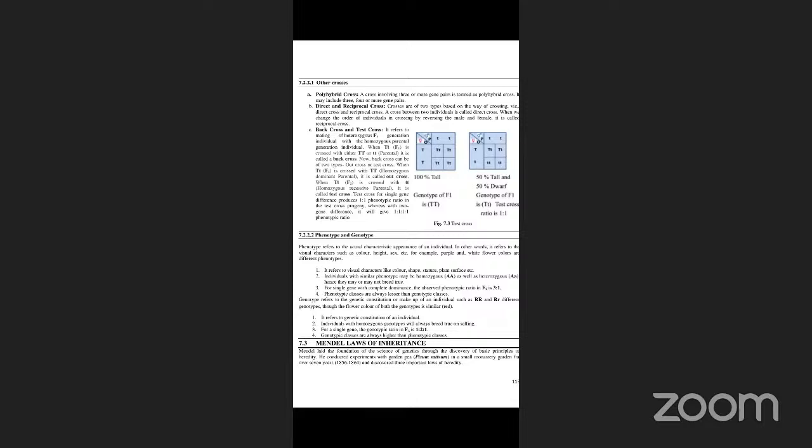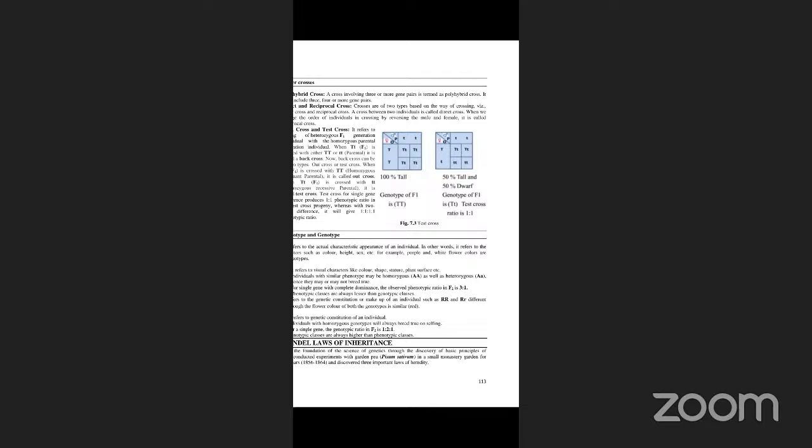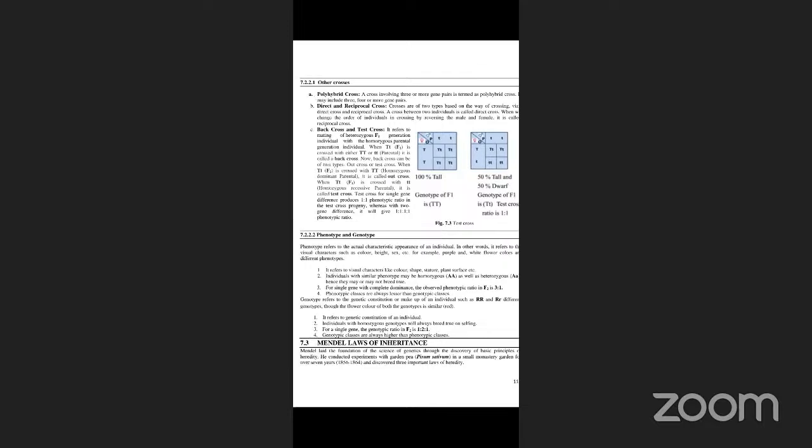Then you actually don't know what the combination of genes or alleles is. The only character you can see is height: he is tall, or he is dwarf, or she is tall, she is dwarf. That is the character, the physical appearance of an individual. It is color or height, sex, etc. Like here, purple color flowers, white color flowers. They are called phenotype, irrespective of the genes they have.